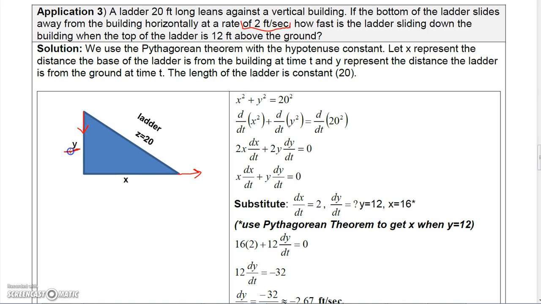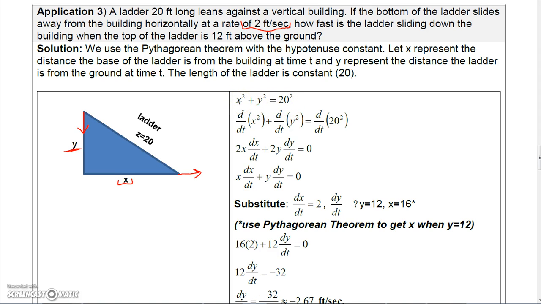I'm going to call this height y. So at what rate is this y changing if this x changes at a rate of 2 feet per second? Okay, so let's go ahead and see what we know here. No matter where this ladder is in its slide, we know from Pythagorean theorem, x squared plus y squared has to equal 20 squared. So that's the first equation I'll start with. And I showed you how to differentiate these types earlier.